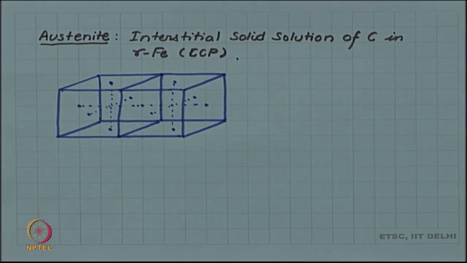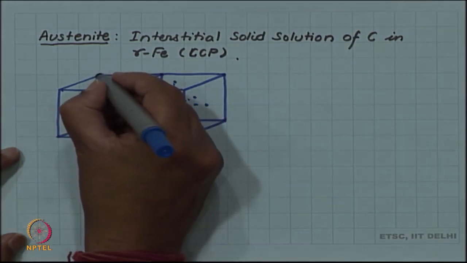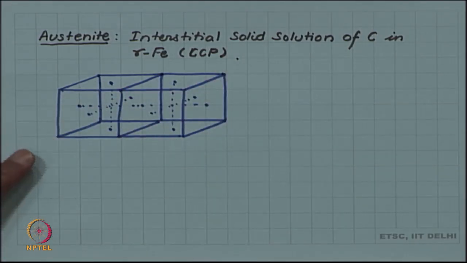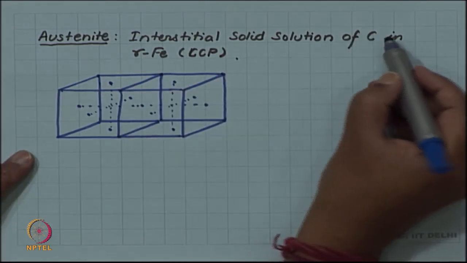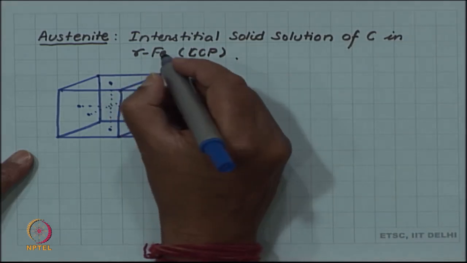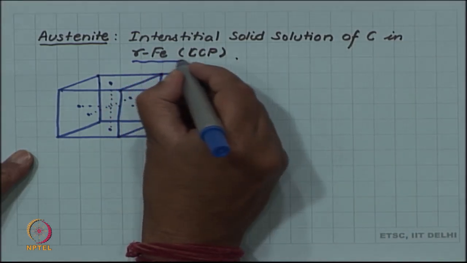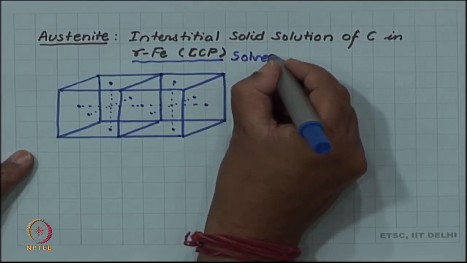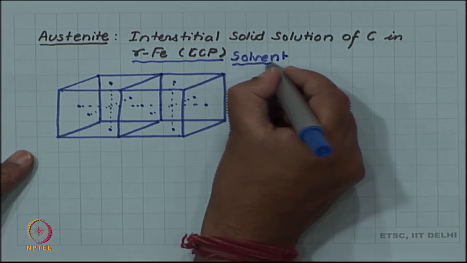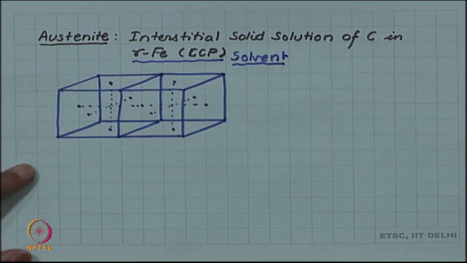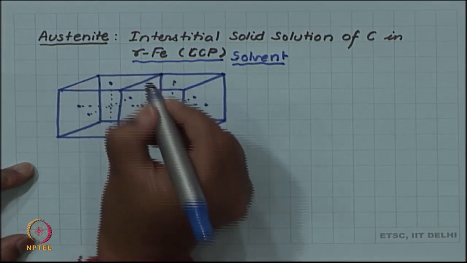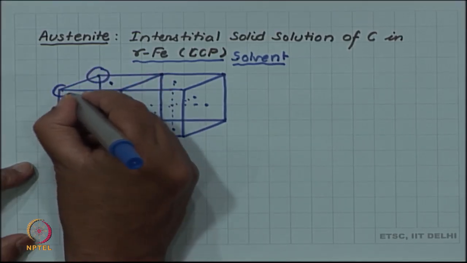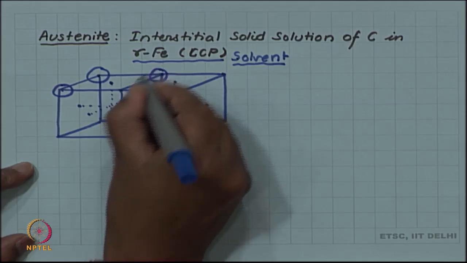Now, these are our locations where atoms will sit, and since this is an interstitial solid solution of carbon in gamma iron, carbon is the solute, gamma iron is the solvent. So, this is the solvent. So, these lattice locations are all occupied by iron atoms. So, let me represent them by these blue iron atoms.